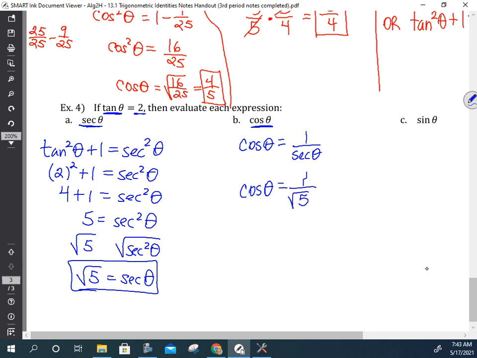Of course, we can't leave the square root at the bottom of the fraction, so multiply the top and the bottom by the square root of 5. Apologize for the interference to the board. So square root of 5 over square root of 25. 5 times 5 is 25. So square root 5 over 5, and that's equal to your cosine theta.